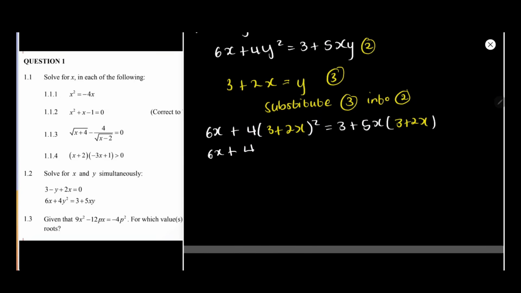So we're saying 4 multiplied by. Okay, so since we have a squared here, an easy way to multiply this out is simply just by saying we're going to take 3 and square it. So that will give you 9. And then you take 3 multiplied by 2x, and so that will give you a 6x. Then multiply that 6x by 2, and that will give you a positive 12x.